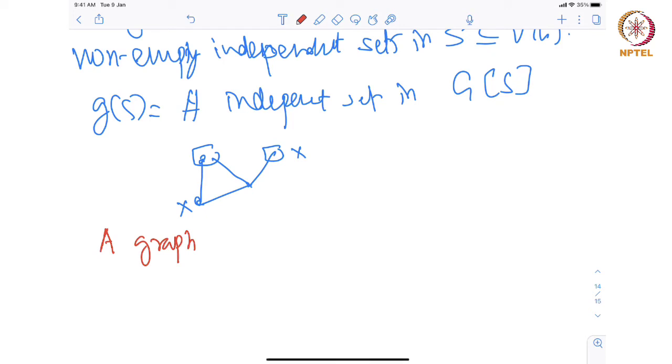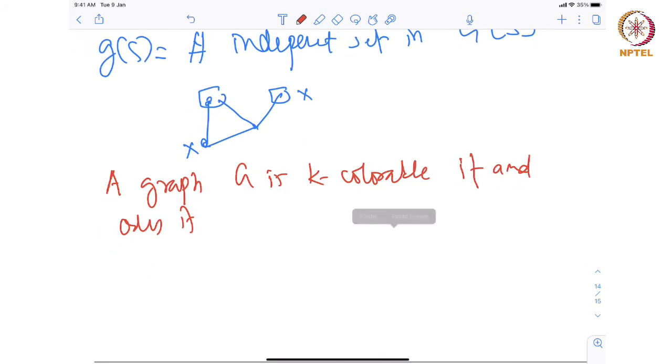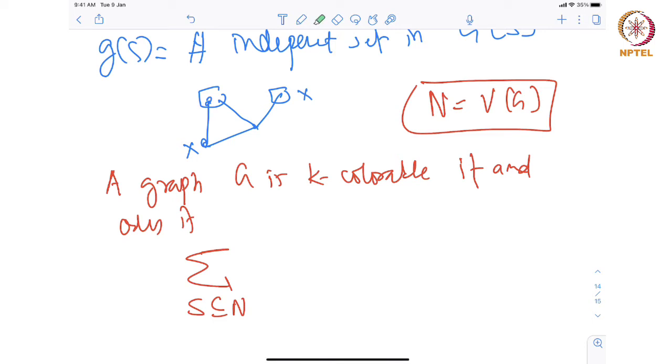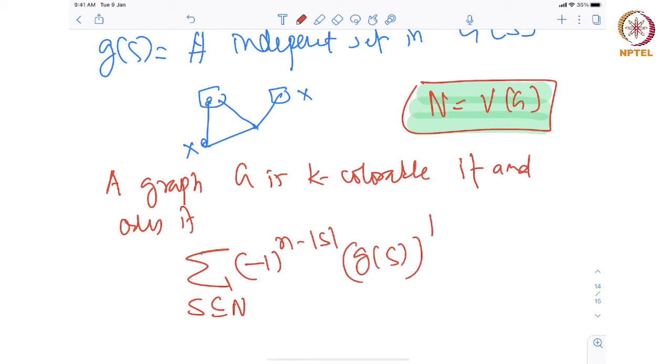A graph G is K colorable if and only if the summation over S subset of N, rather than V of G, let N equal V of G, just so that it's easier to use notation, of minus 1 to the power N minus cardinality of S, times G of S to the power K, is positive. Remember, G of S is the number of non-empty independent sets in my graph.